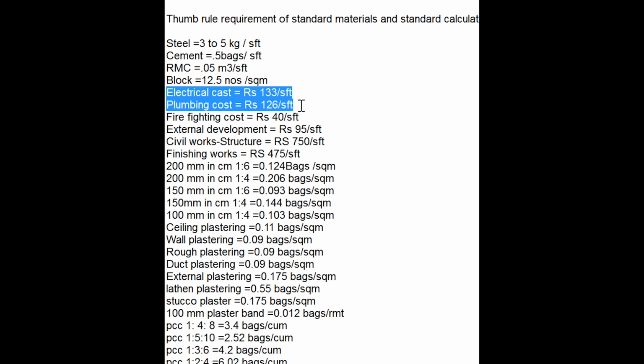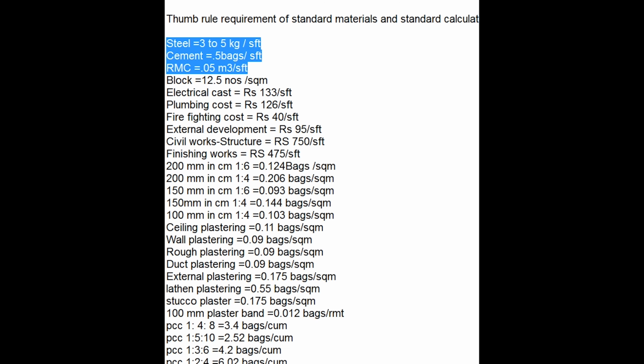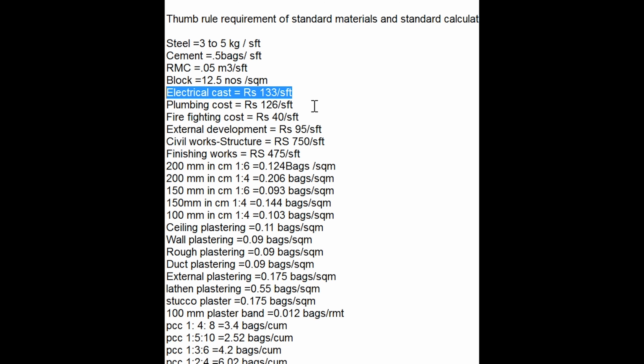These three items do not include the labor, but the electrical cost includes the labor, and plumbing includes material and labor both.